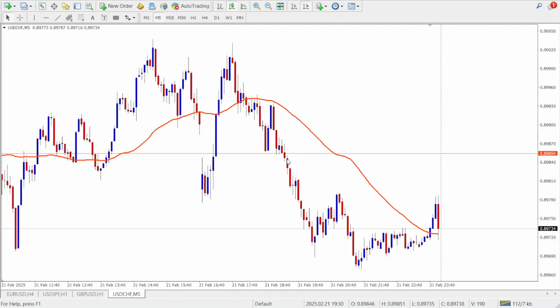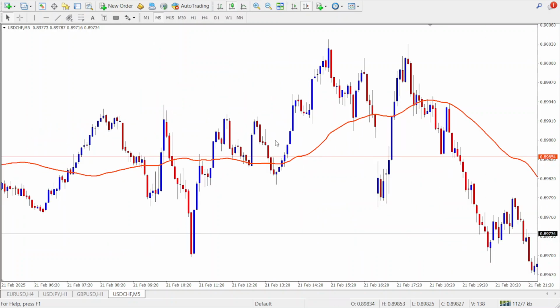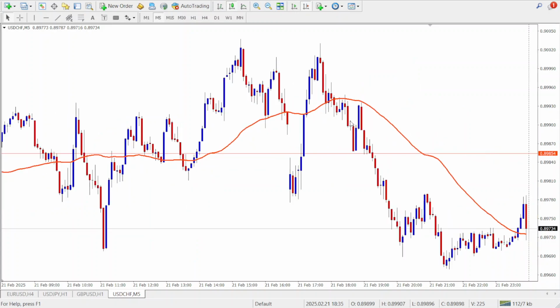Here's how you can use it for trend identification. If the price is above the 50 period moving average, it's typically an indication of an uptrend. Conversely, if the price is below the 50 period moving average, it's a signal that the market is in a downtrend. You can also use it for your exit and entry points. If the price is bouncing off the 50 period moving average, that could be a strong confirmation for your entry.